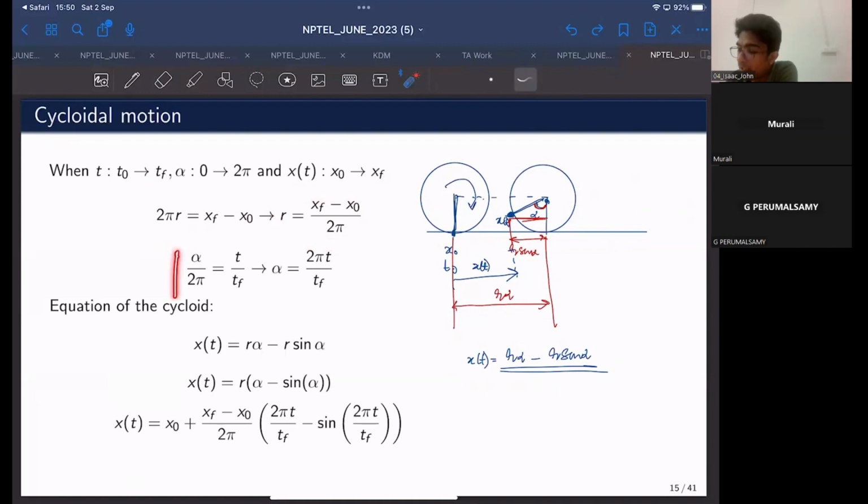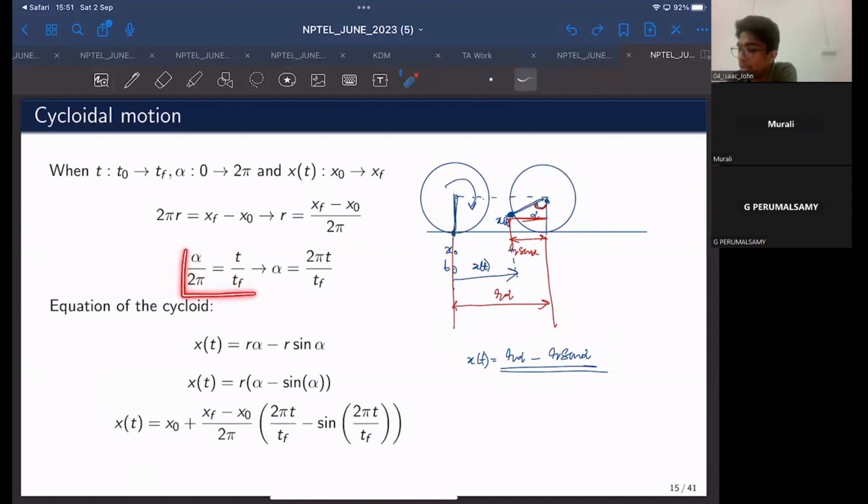And we also have a linear relation for this alpha. Alpha by 2 pi, these are angles, is proportional to t by tf. So the angle rotated at an instant, alpha, would be proportional to the time, and if it rotates 2 pi radians, that would correspond to the final time of the trajectory.